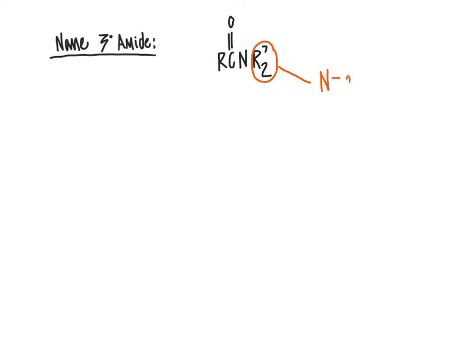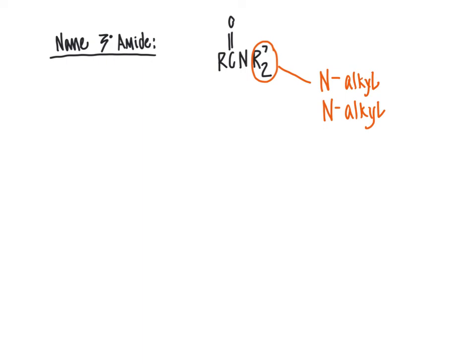So we'd have N-alkyl, based on whatever one of those two carbon-containing groups was called, and then another N-alkyl group, indicating whatever the other alkyl group was that was coming directly off of the nitrogen there.